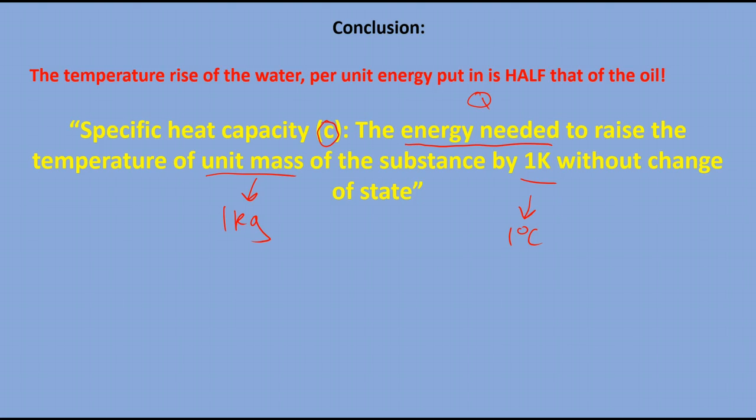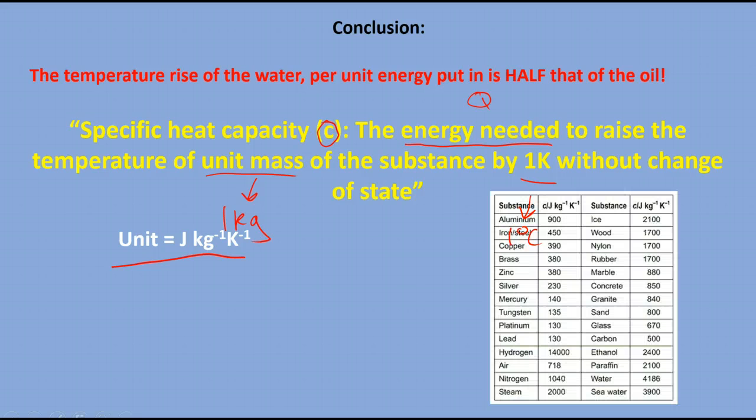So basically it's a measure of how much energy you need to put into a substance to change its temperature by 1 degree C. The unit is joules per kilogram per Kelvin, because we're dealing with energy going in per kilogram per degree of temperature rise.